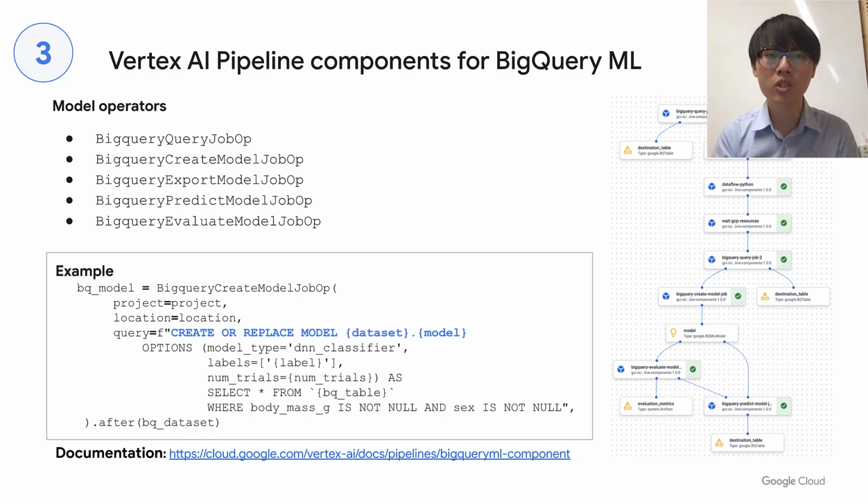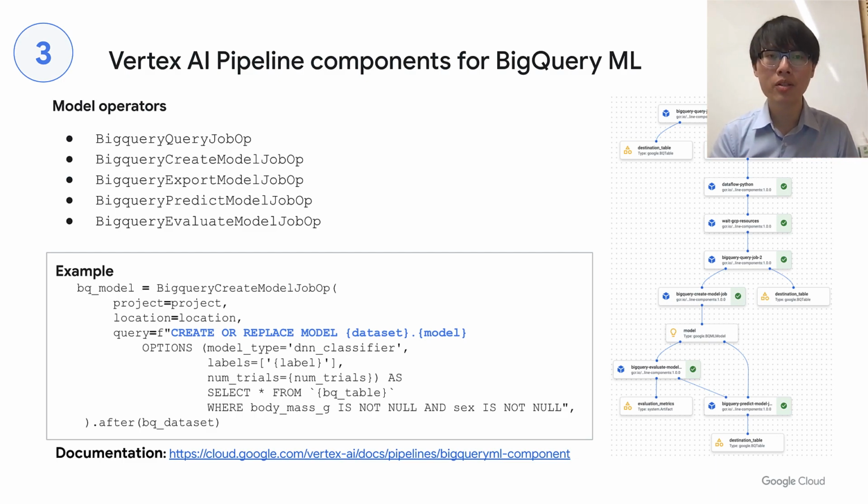So now with these first-party operators, you can more seamlessly integrate BigQuery directly into your Vertex AI pipelines. So for example, in this code example below, you can see there's a CREATE OR REPLACE MODEL syntax that's part of this operation, which feeds into a larger pipeline, a Vertex AI pipeline.